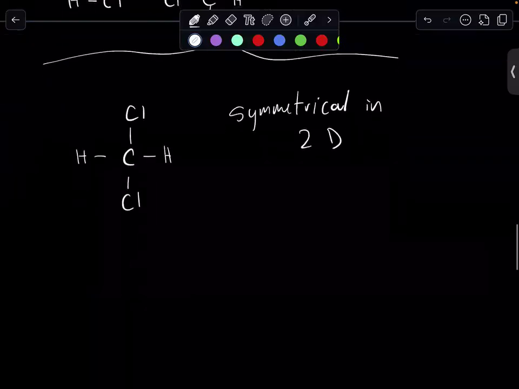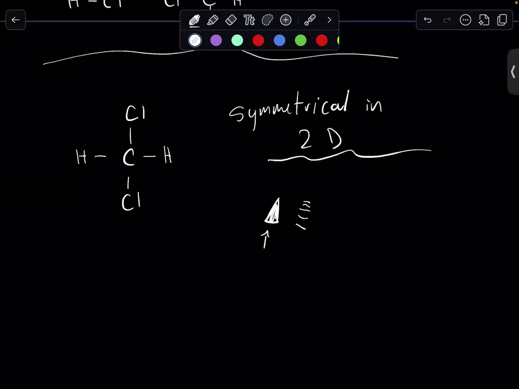However, we can start drawing things in what's called the stereochemical formula, which is 3D. So we use two different lines. So this means in front of page, so like coming out of the page, and this is behind page.